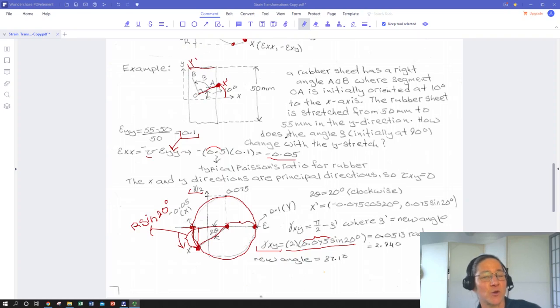Then the next most important thing we recognized was that those were the principal directions. We had no applied shear in the x or y, so there was only tensile or compressive strain in those directions. So we knew that those were 2 points that were on the strain horizontal axis of a Mohr circle and that they were 180 degrees apart.